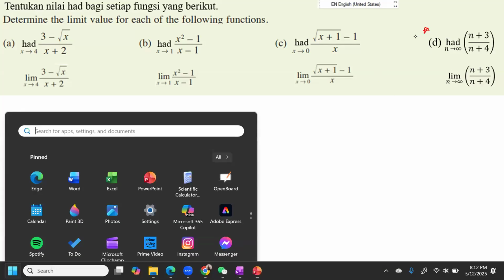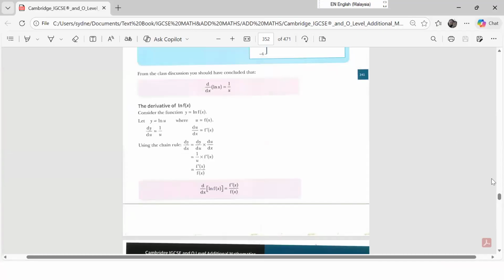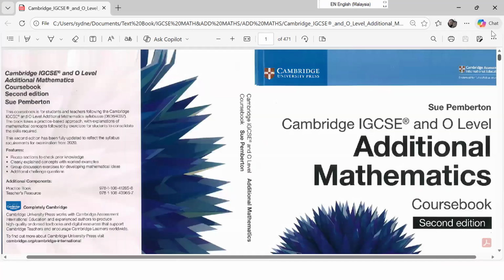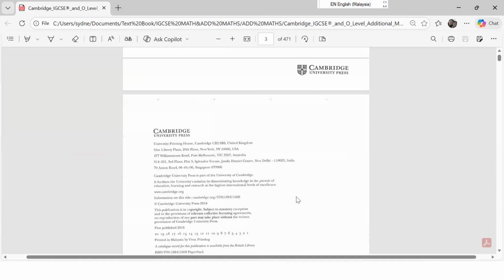Whether it is in IGCSE, let me check first. I don't remember. Okay, the concept of limit. Wait, let me see.